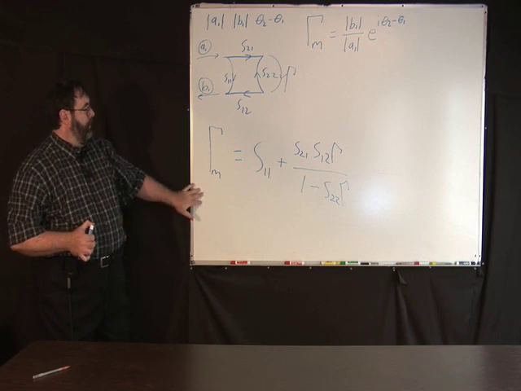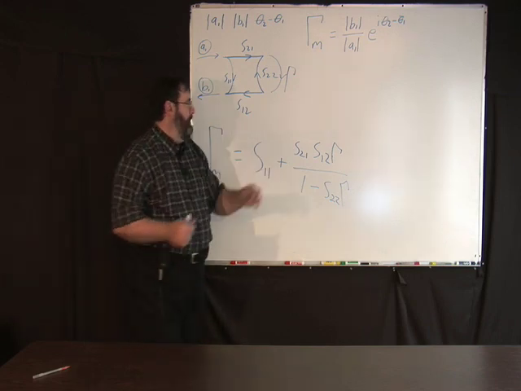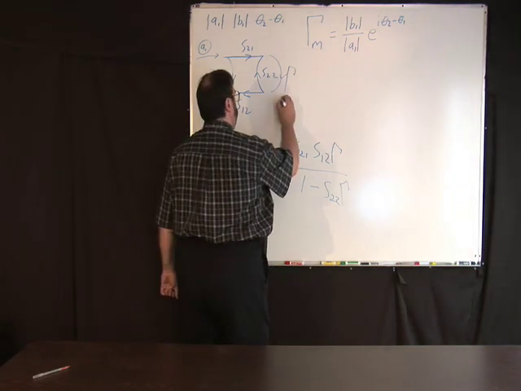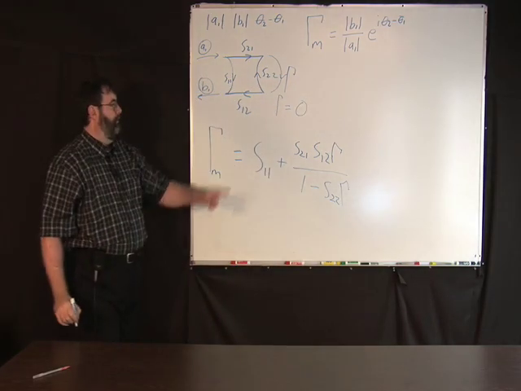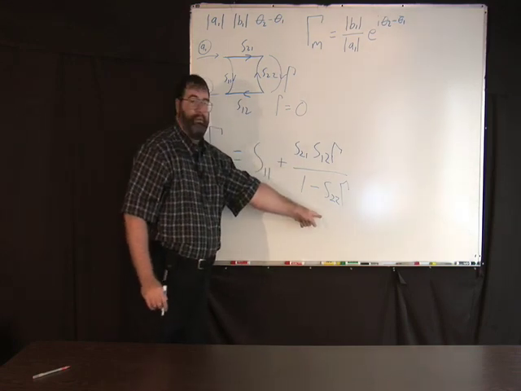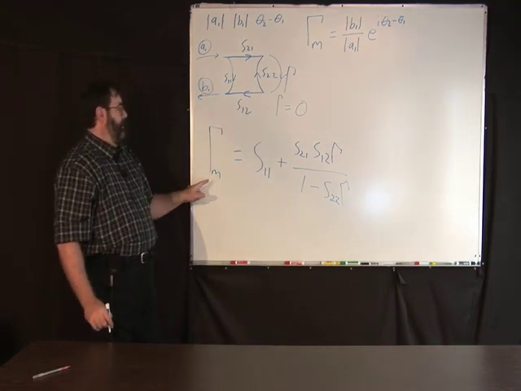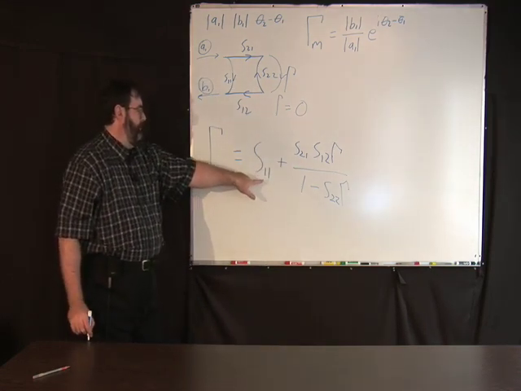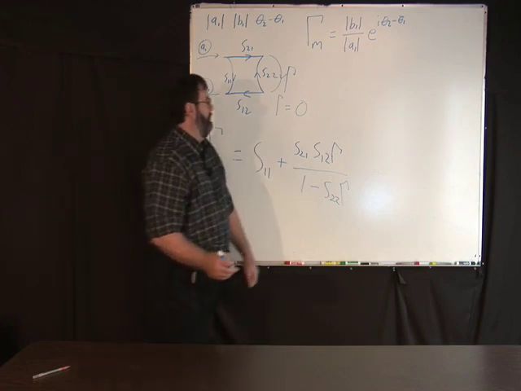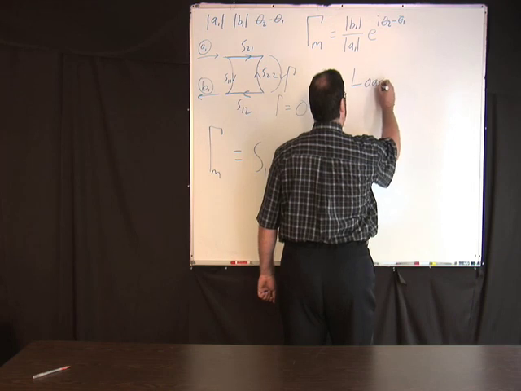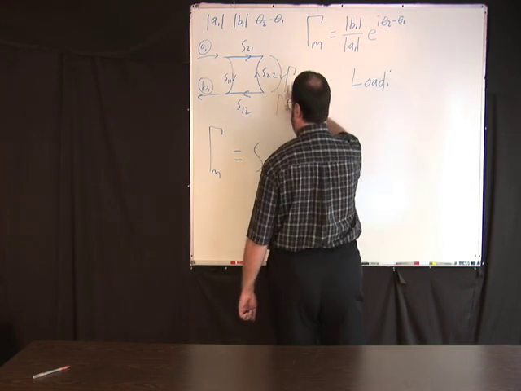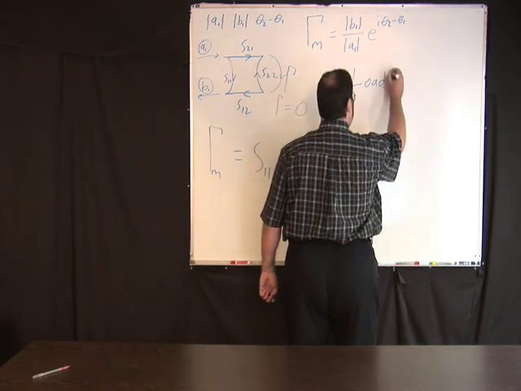Well, if you look here, what happens if you put a perfect load out here? Gamma equals 0. If gamma equals 0, this term is 0, and gamma measured is S11. So we put a load on the thing, and we assume that's a perfect, reflectionless load.